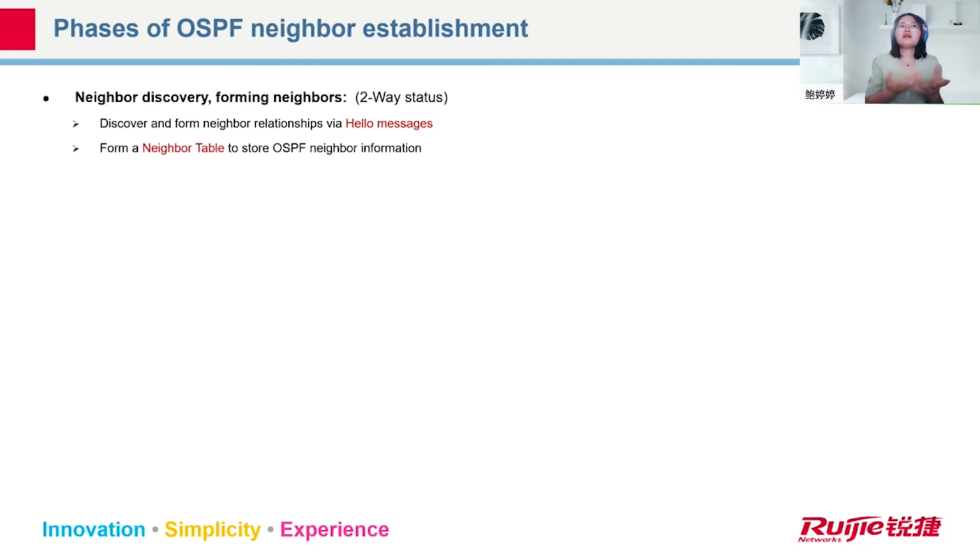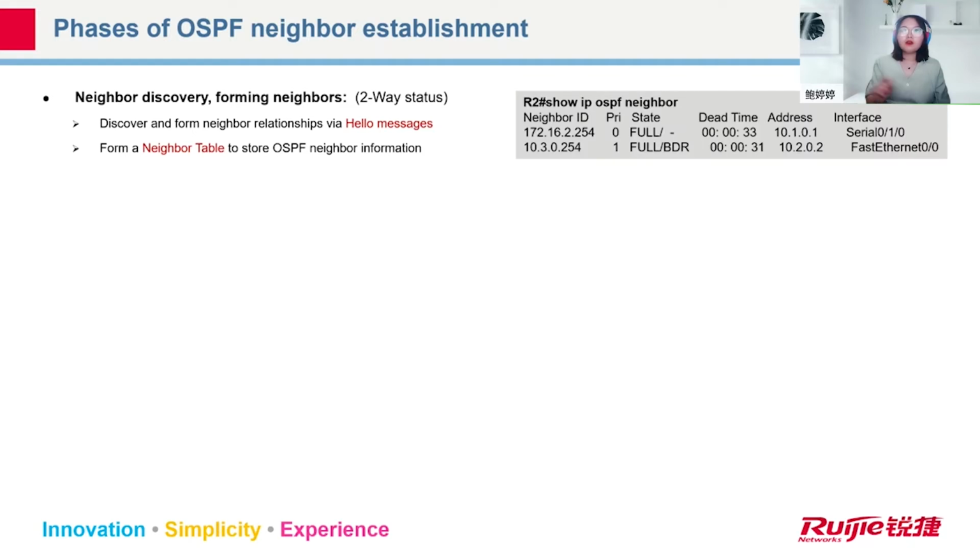About OSPF, the first step is to find the neighbor relationship, right? For neighbor discovery, we can use a command to check the neighbor relationship. Like the command show ip ospf neighbor, we can find we have 2 neighbors, and see the neighbor name, the priority, and the status.